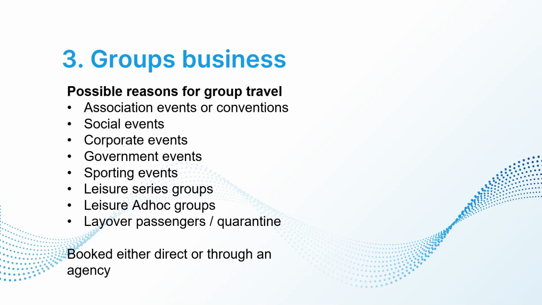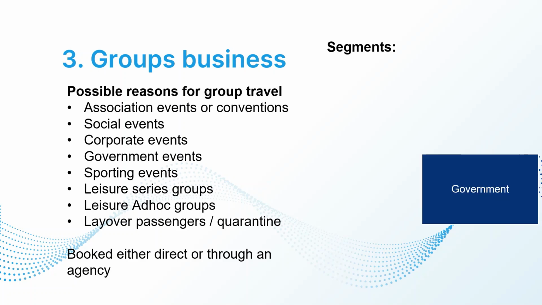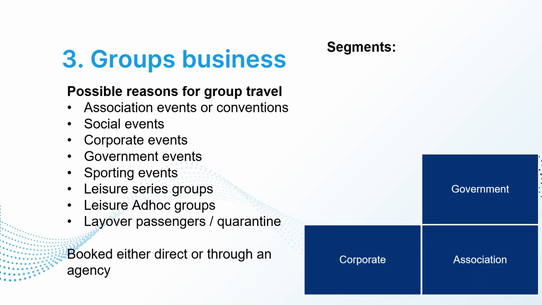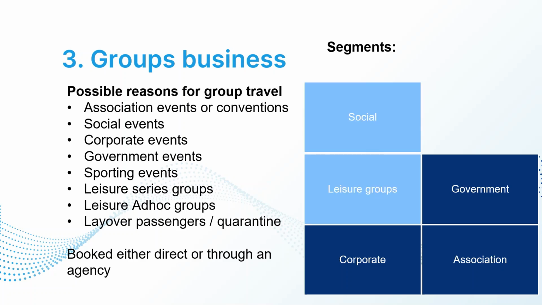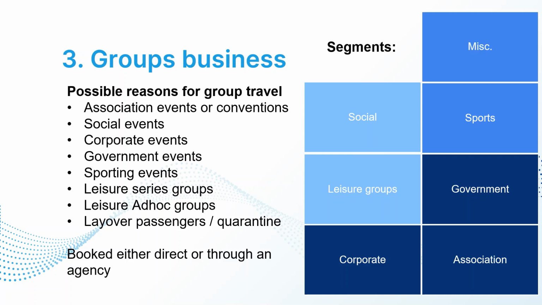That's primarily because the reasons are strong enough and have visibility to approach the business. So the segments here are government, corporate and association on the business side, social and leisure groups more on the leisure side, and sports and miscellaneous covers the larger part of the rest. Sports has become an important segment in India over the last 10 years due to many domestic leagues.